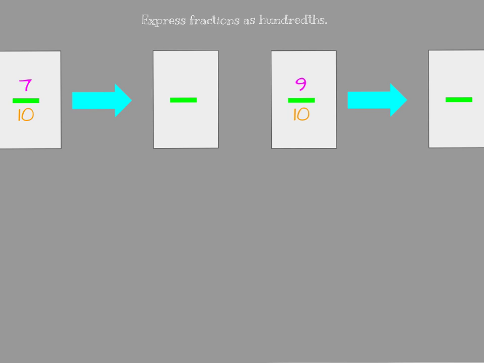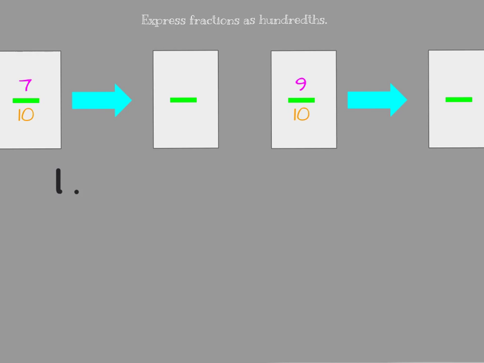Because we are marvelous mathematicians and we can express a fraction with denominator 10 as a fraction with denominator 100, I think that we're ready to go ahead and try out some of these problems with just the numbers because we know how the math works. So let's take a look at this first example here. We have 7/10. So what's our first step? Step 1.